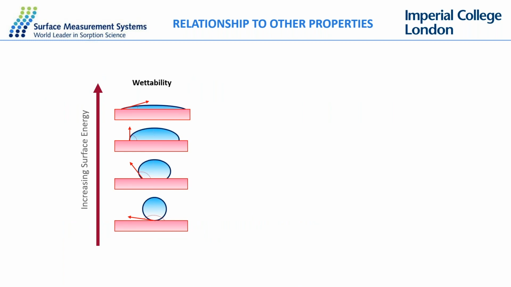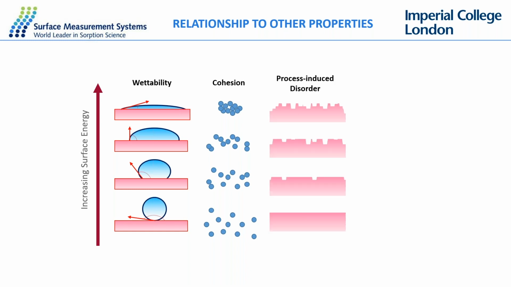I'll briefly explain the relationship of surface energy to different properties. When we have a surface and increase the surface energy, the wettability increases. If we have molecules in a system and increase the surface energy, the force of cohesion increases. If we have a surface and introduce some form of disorder, then as we increase the surface energy, that disorder also increases.